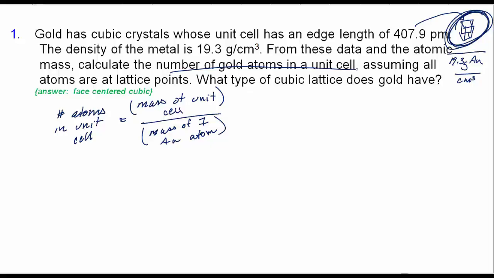Well, we know the density. Let's take the density times the volume of 1 unit cell. Because the volume units will cancel, and we'll have grams, and then we'll just divide it by the mass of 1 gold atom. And I'll show you how to do that if you forgot.